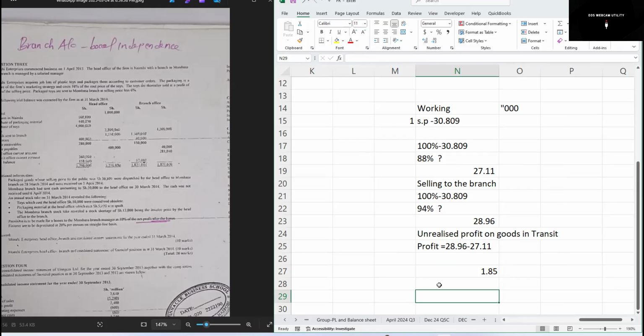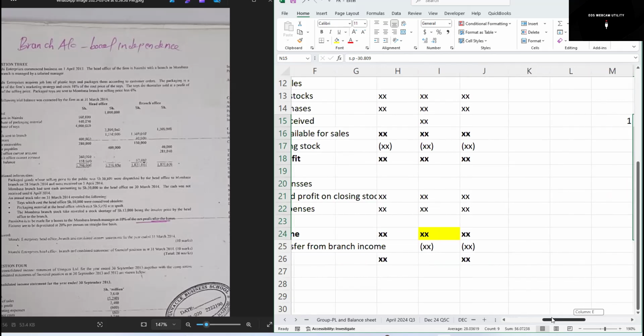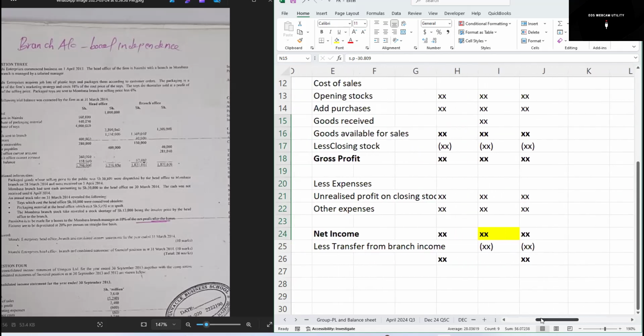Provision is to be made for a bonus to the Mombasa branch manager at 10% of the net profit after the bonus. Fixtures are to be depreciated at the rate of 20% per annum on a straight line basis. Depreciation, we don't have to have the working, just 20% of the cost we have been given there. So I think this was the only working here, but there are other workings which will come later.